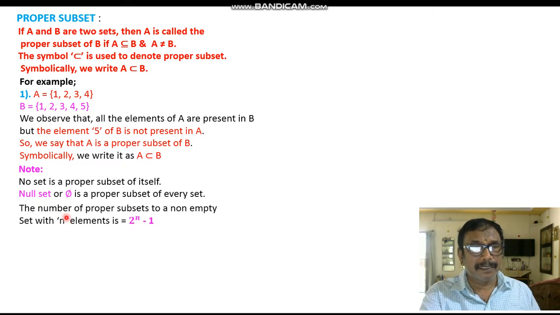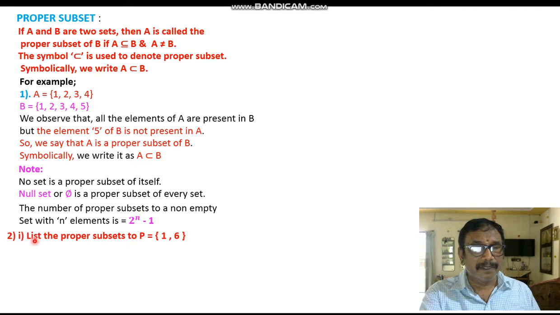So, the number of proper subsets of a non-empty set with n elements is 2 power n minus 1. Yesterday, we noted that the number of subsets of a set is 2 power n, but here the number of proper subsets is 2 power n minus 1.